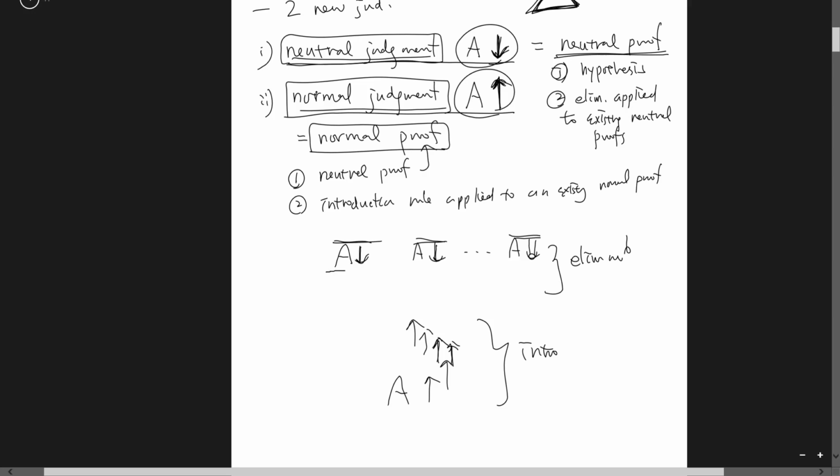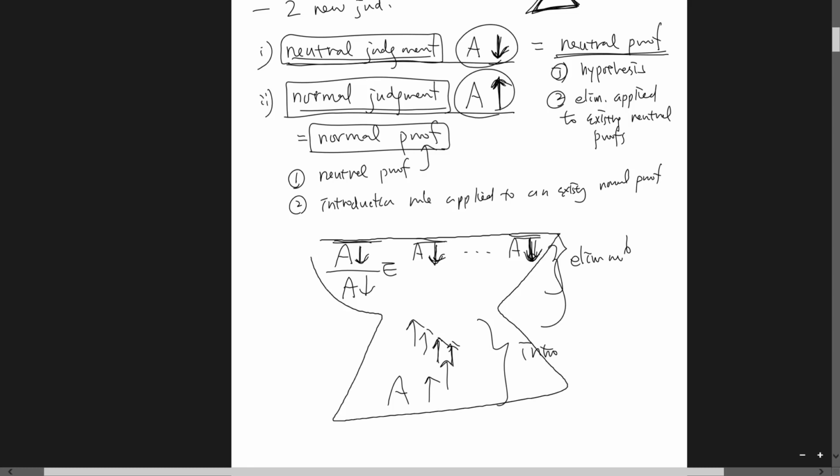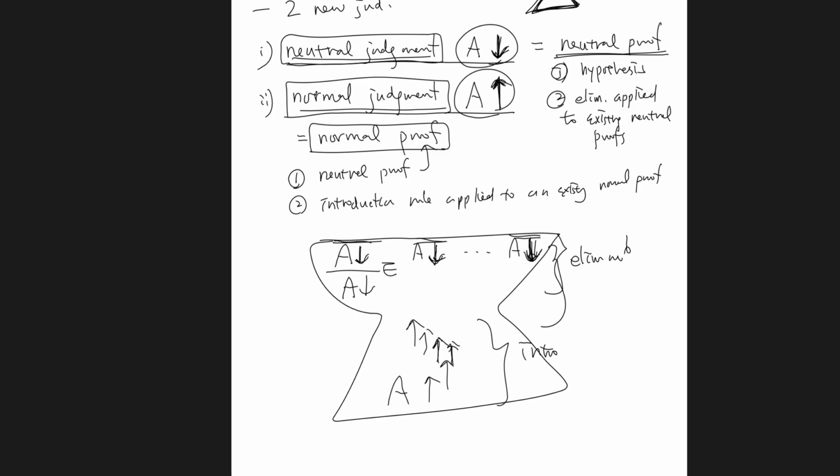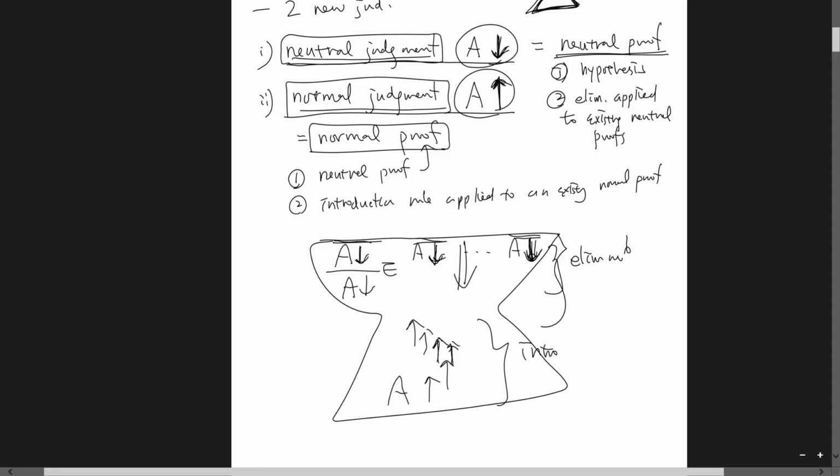Every time you apply an elimination rule, you create another down arrow. So this arrow basically indicates the direction in which the construction of this proof proceeds. In the upper half, we move downward, and in the bottom half, we move upward. And the direction is indicated by this arrow.